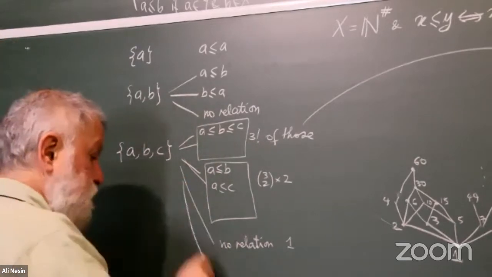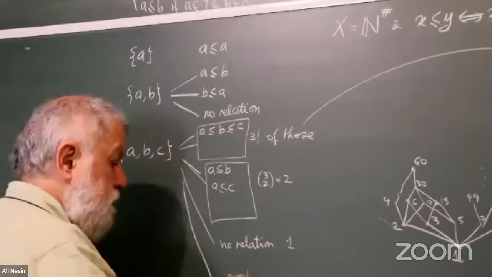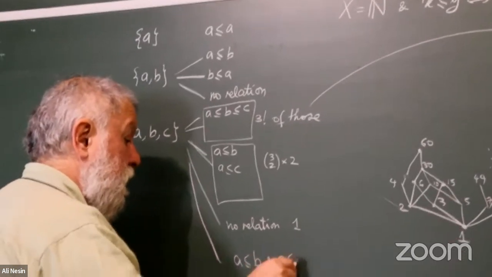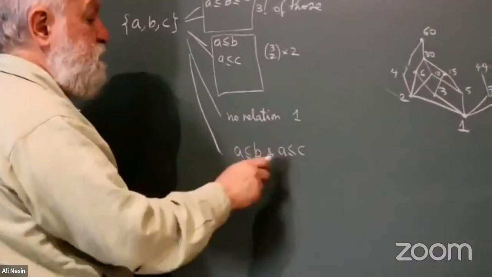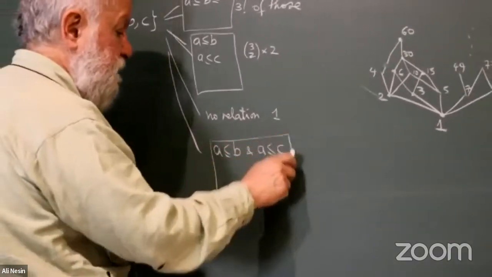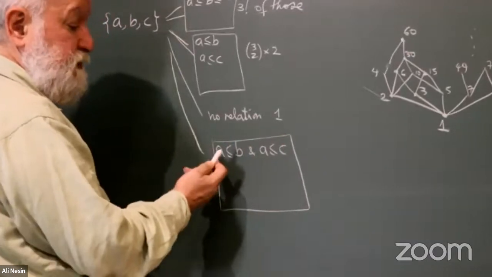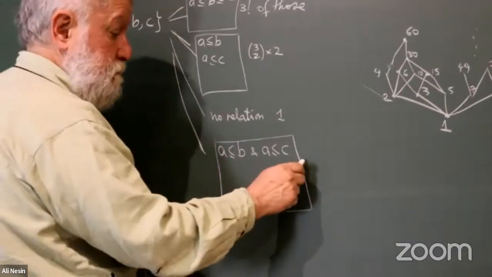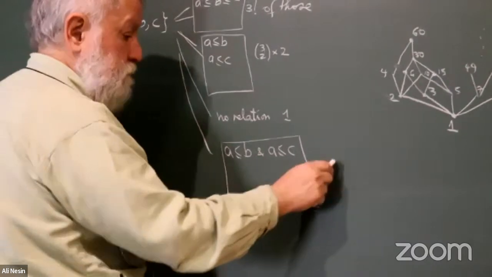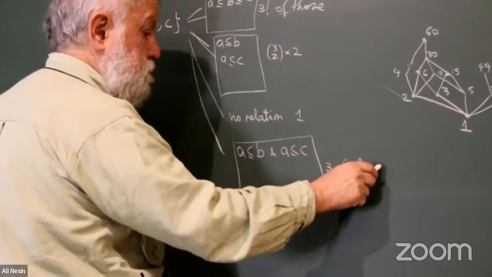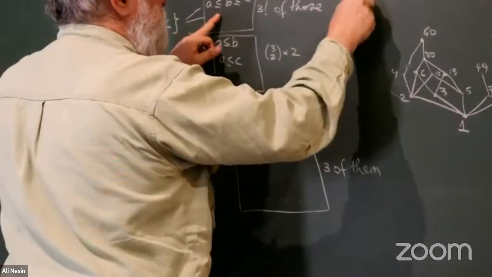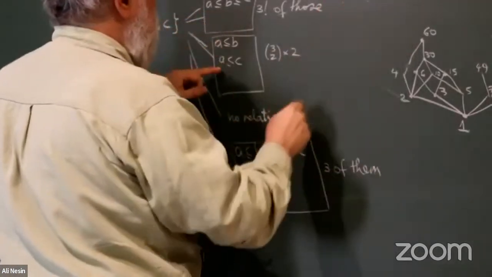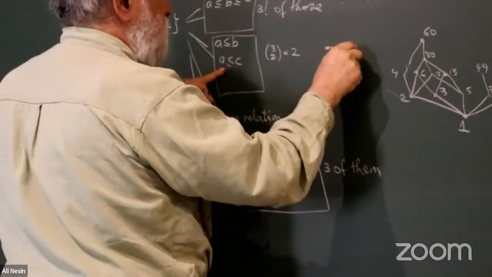Yes. You can have A less than or equal to B and A less than or equal to C. So you don't compare B and C. Of these, I have 3 of them. You just select the smallest element. So these are of this kind, A, B, C. This is of this kind.